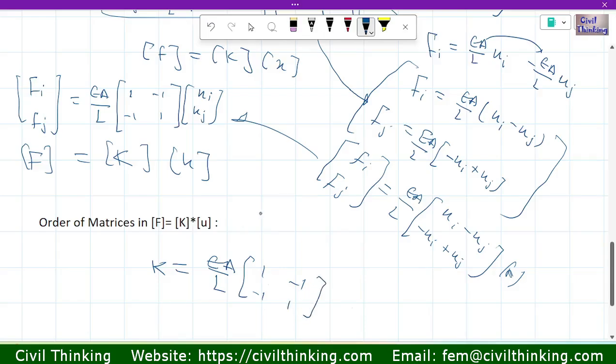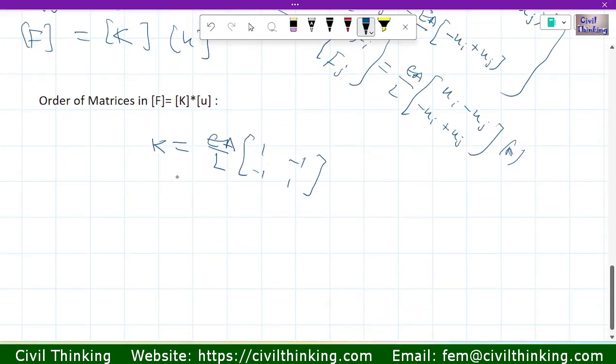So this is our stiffness matrix for our rod element or 1D element with axial forces, right? Because rod or bar, they carry axial forces. Now this is also applicable to other things too. We will talk about those in the coming lectures.